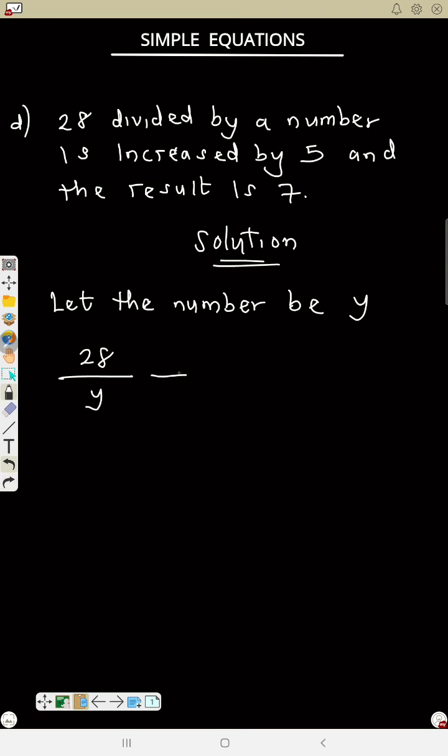Is increased, that is plus because it's increased. If it is decrease, you use minus, but increase, you use plus. Increased by 5, that is plus 5, and the result is, meaning is equal to 7. That's it. So let's see another one.